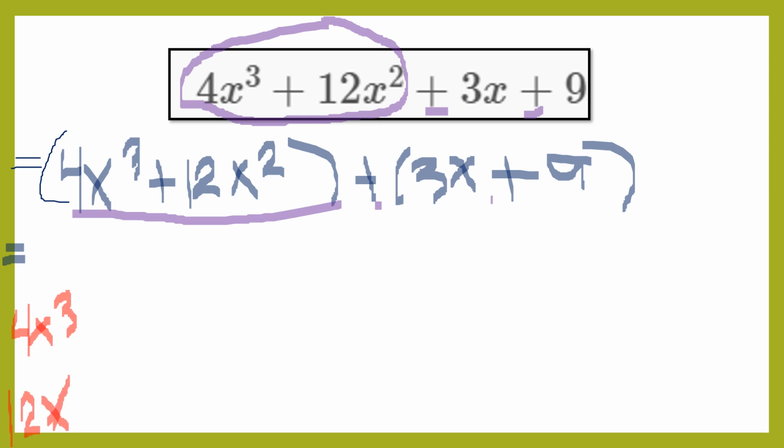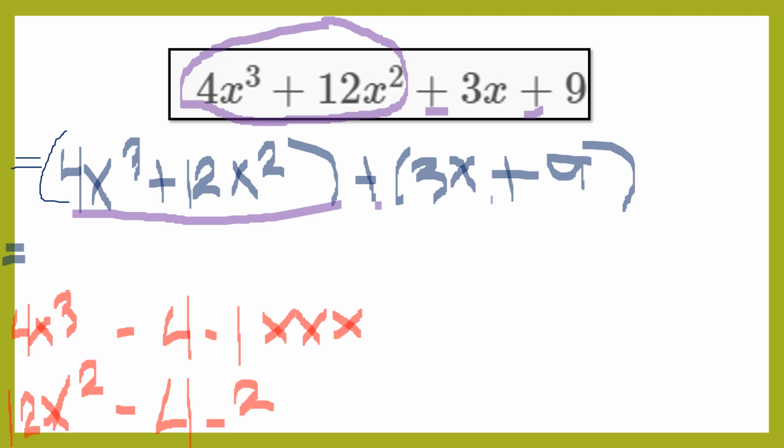Now, the greatest common factor of 12 and 4 is 4. 4 divided by 4 is 1, and we have x, x, and x. 12 divided by 4 is 3, and we have x and x.